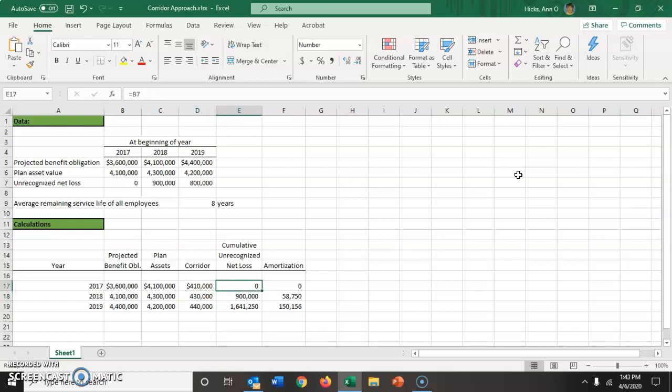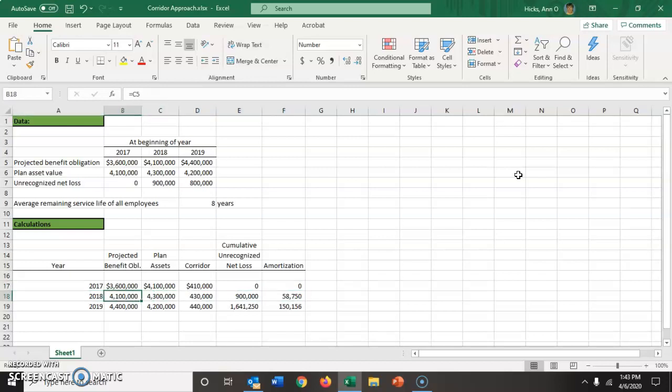Now, at the beginning of 2017, we had no unrecognized gains or losses, which means, in effect, for 2017, there's no issue because you're never going to amortize in the year that the gain or loss occurs. Your amortization each year will be based on what is your unrecognized net loss as of the beginning of the year. So 2017, truthfully, we don't have to do anything.